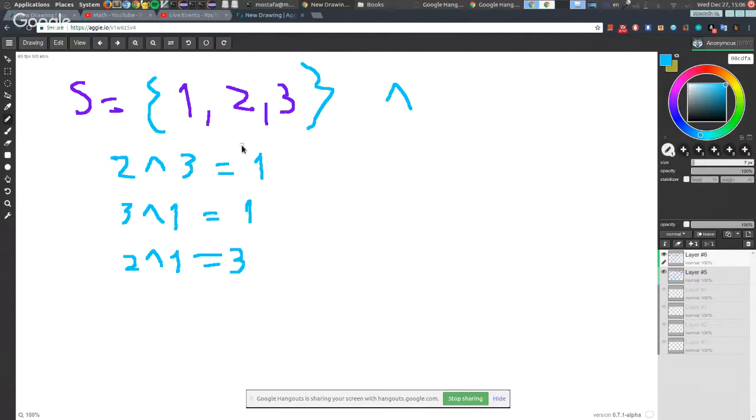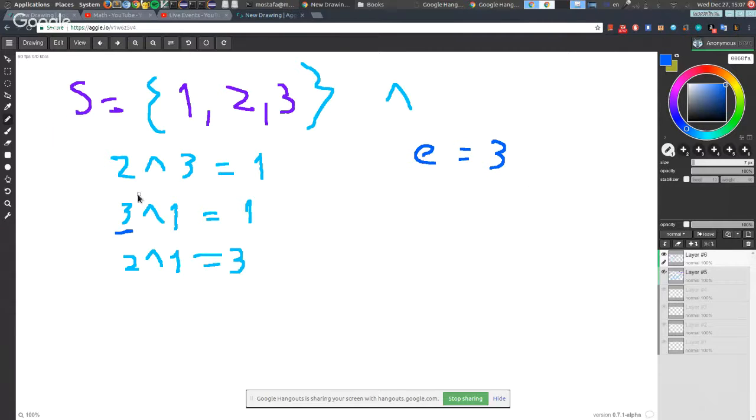I'll also assume that the operator is commutative in this case, and I'll show why it has to be commutative. Here we have the identity element, which is 3. It's a bit unintuitive because usually it's the 1, but it's just an example.